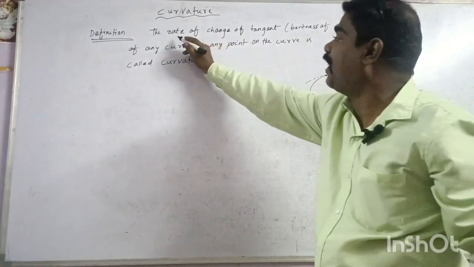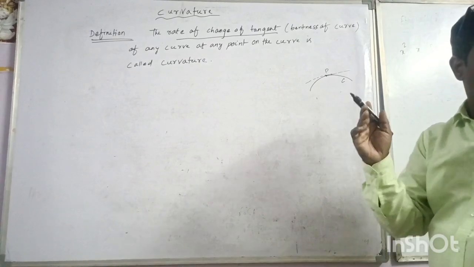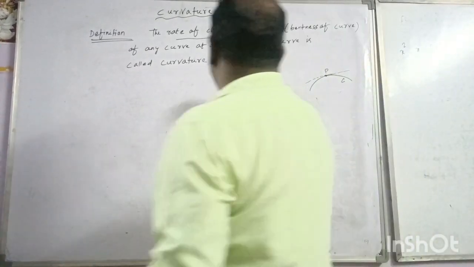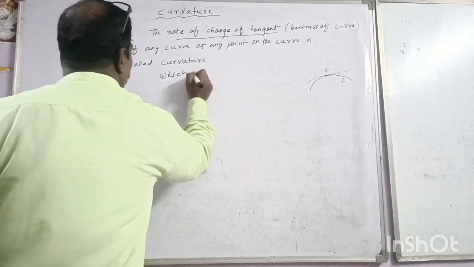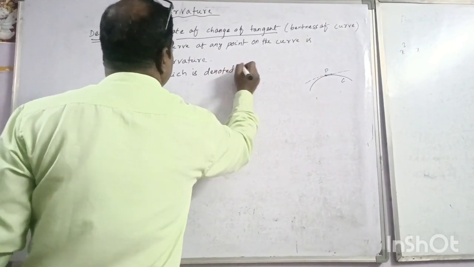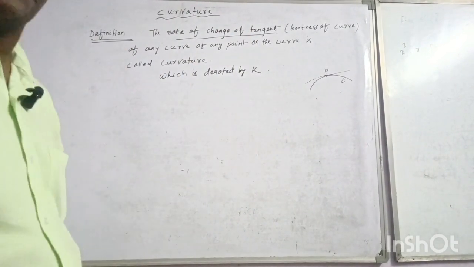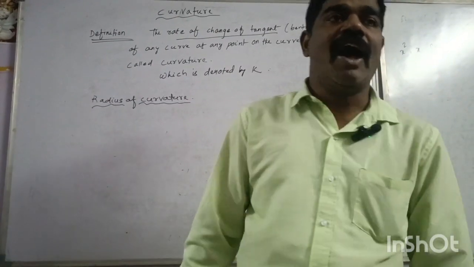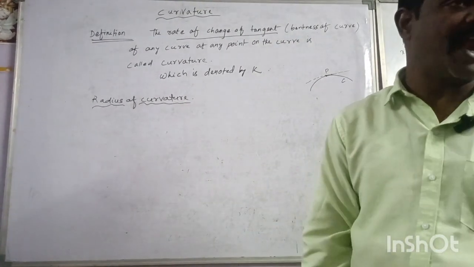That is nothing but the rate of change of tangent, which is denoted by K. Now I will tell you the radius of curvature.